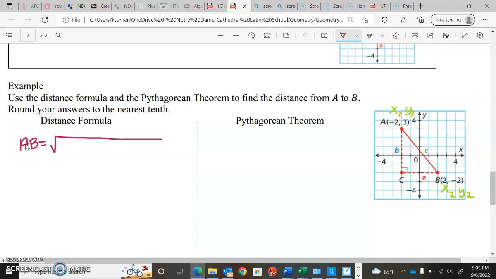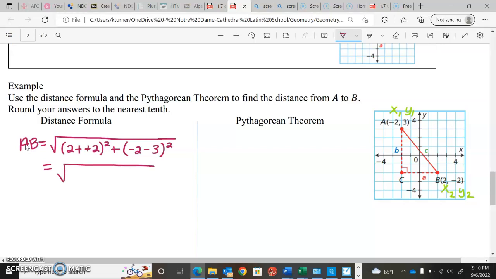So our x2, which is 2, minus our x1, so that's negative 2, plus, and then y2, so back down to the ordered pair B, grab the y coordinate, minus y1 from A. There we go. So simplify.